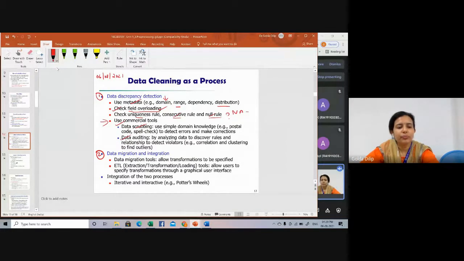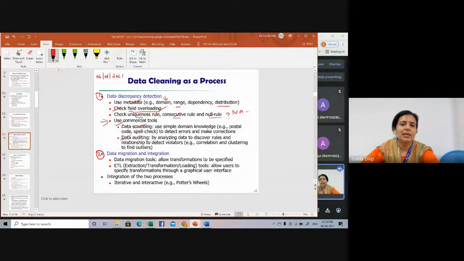Many of the errors may require what is called data transformation. Once we find the discrepancies, we need to define and maybe apply a series of transformations on that particular data.